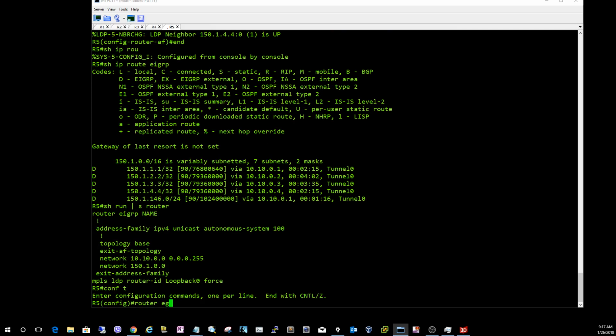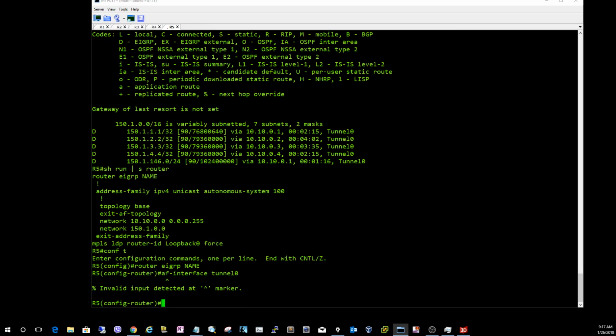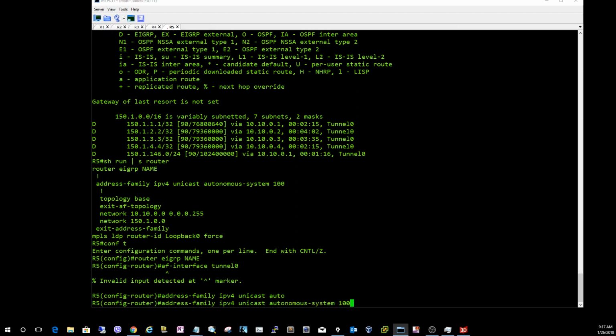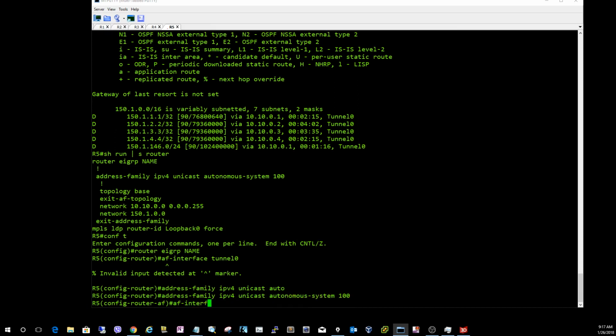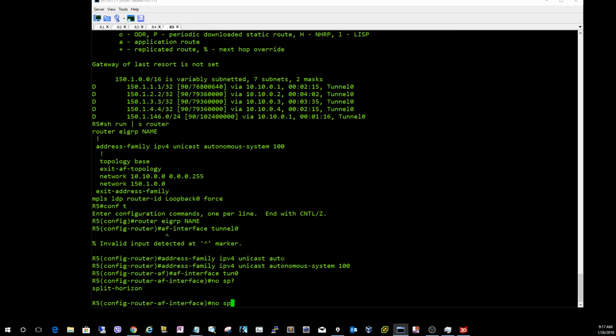Go to router EIGRP name. Let's go to the address family first: address-family ipv4 unicast autonomous-system 100. Then af-interface tunnel 0, no split-horizon.